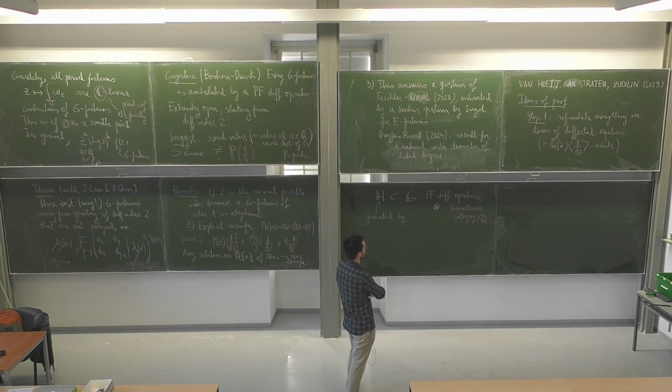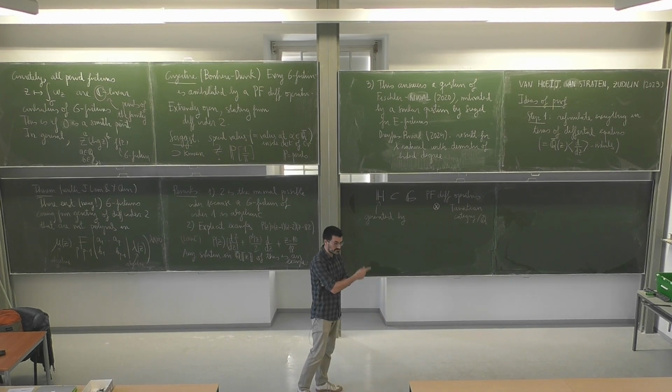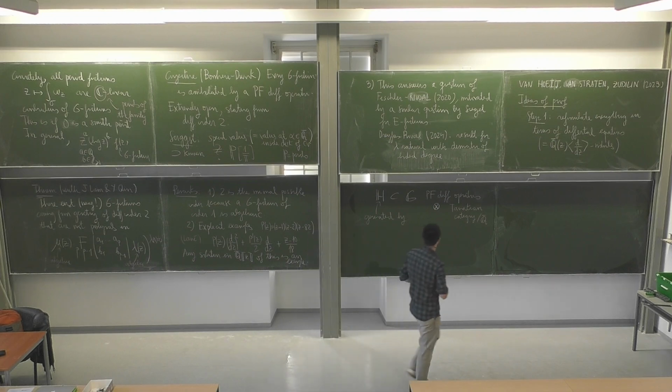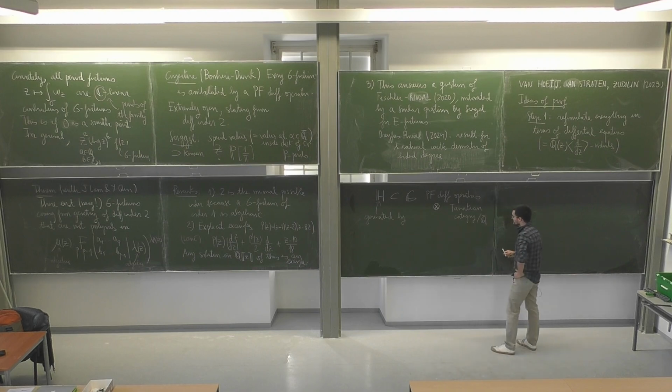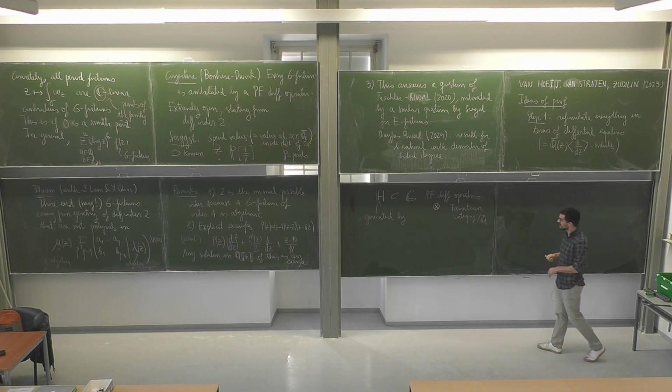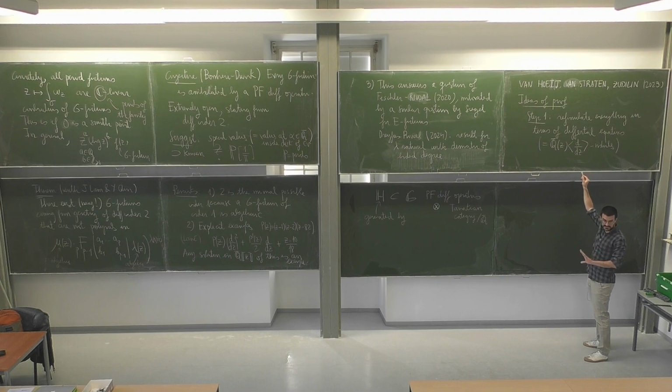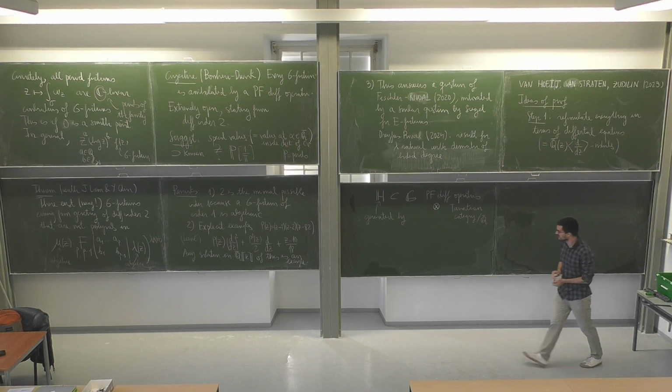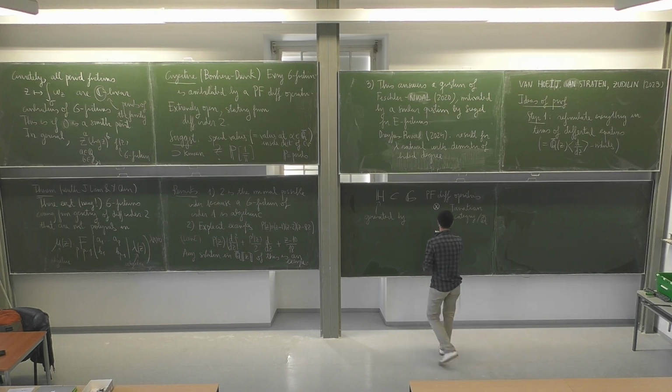The fiber functor, you look at the Q bar vector space generated by a basis of solutions. The important thing of the use of Tanakian categories here is that at the end, the Tanakian groups will be the usual differential Galois groups of the differential operator. The Tanakian fundamental group will be the differential Galois group of the operator.